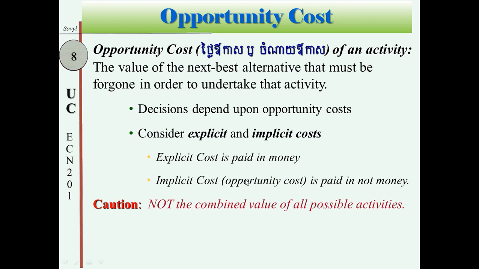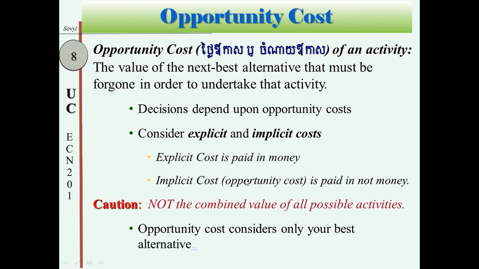No, don't combine, because when we compare this way, you cannot find which one is the best. That's why the best strategy to find the best option is to compare 1 to 1. Opportunity cost considers only your best alternative.